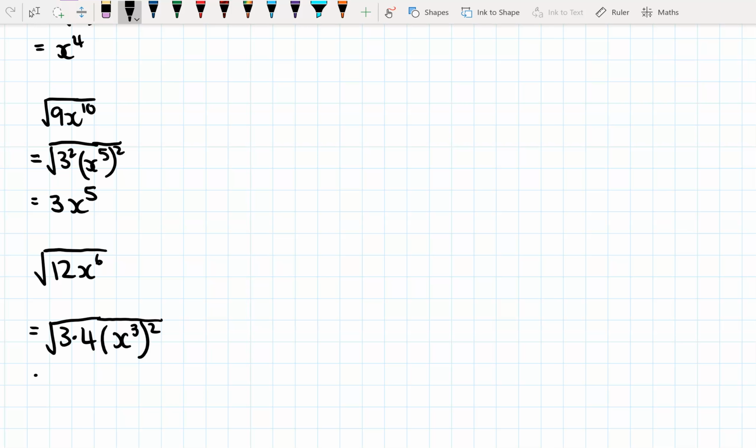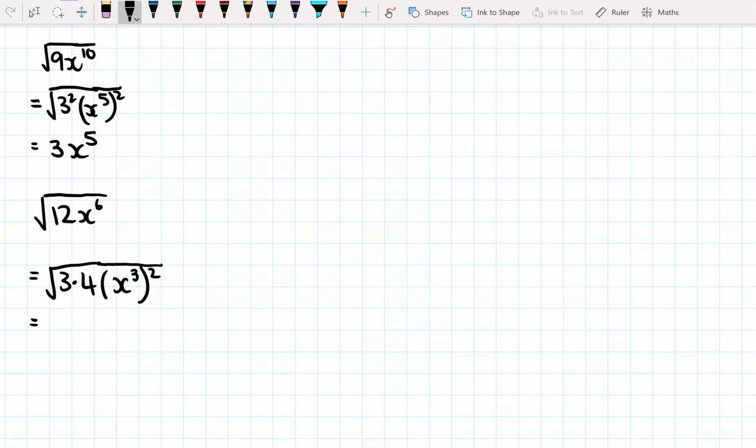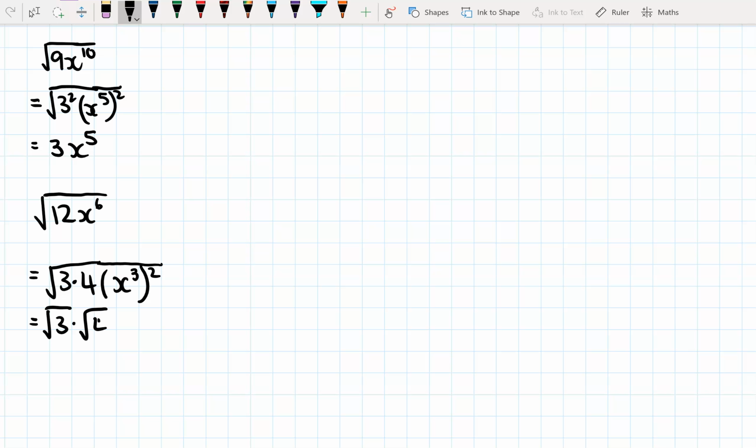Now looking at the number, 3 times 4 is 12. We know that we then have the square root of 3 times the square root of 4 times the square root of x cubed squared. We can't take the square root of 3, but we can take the square root of 4, so that becomes a 2.